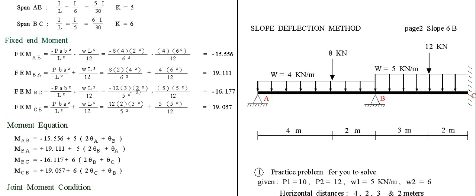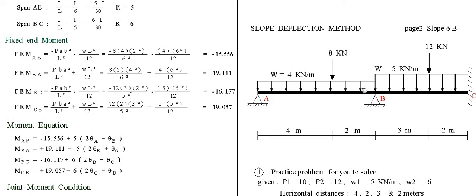Okay, near then far distance divided by span square. Uniform load of 5 times 5 square over 12. Simplifying this, we have minus 16.177.